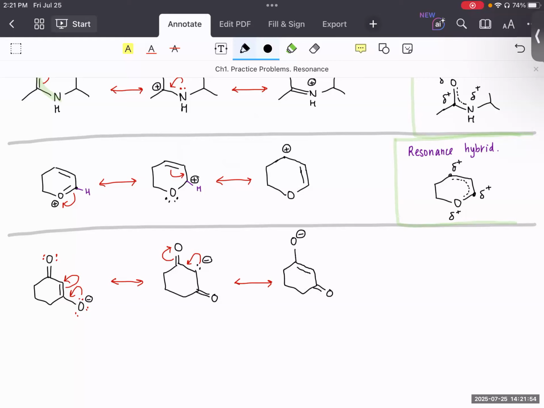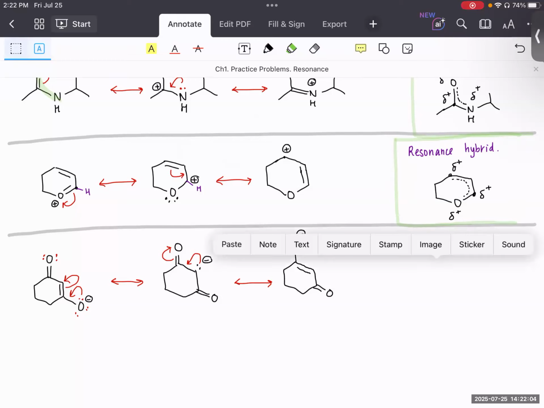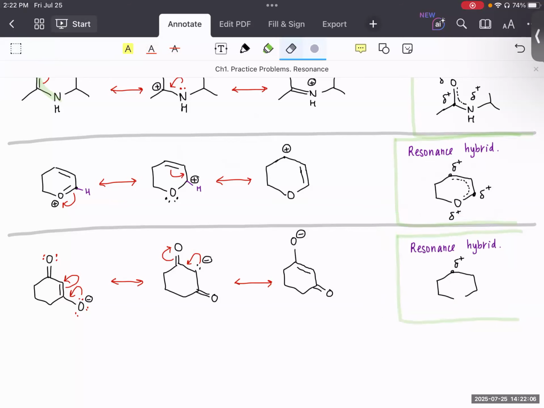And then to draw the resonance hybrid, we would redraw our entire structure and then place the corresponding negative charges where we saw a negative charge within any of the individual structures.